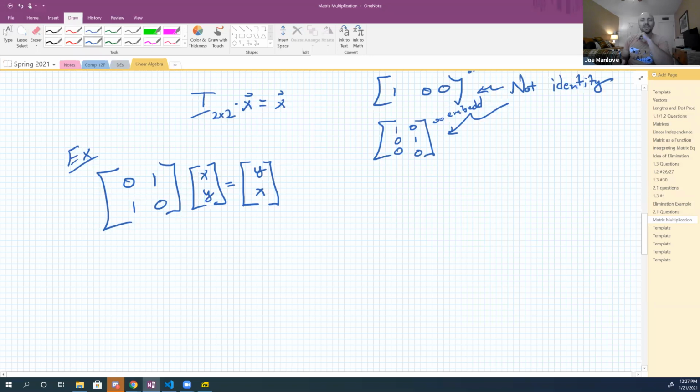So these kind of matrices where they've got ones and zeros, and they've got that same property that the identity matrix has, that each row has at most one 1 and each column has at most one 1, these are permutation matrices.